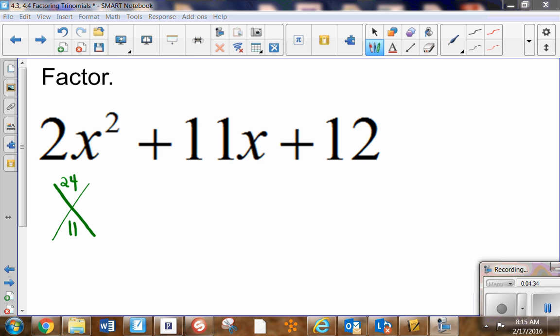So, factors of 24 that add up to 11. 4 and 6 are the first things that come to my mind, but they don't add up to 11. 3 and 8, right? So 3 and 8 are going to be the 2 numbers that replace 11x. I'm going to replace the middle term with 3x plus 8x, and then I'm going to bring down my A and C.